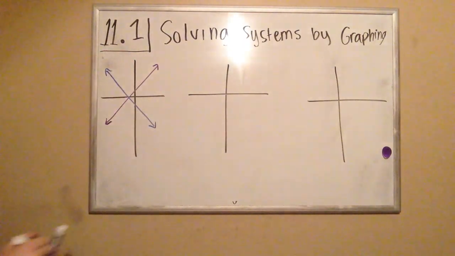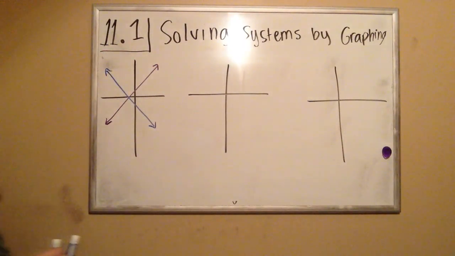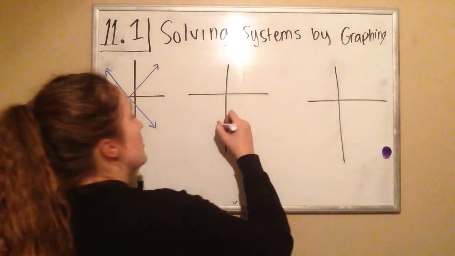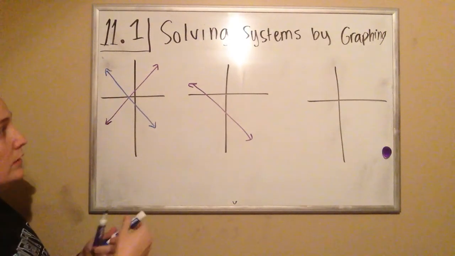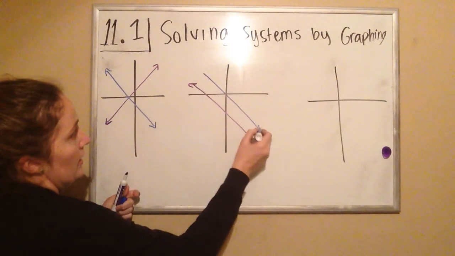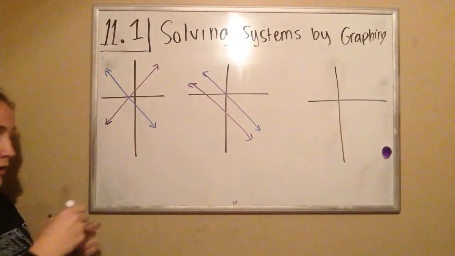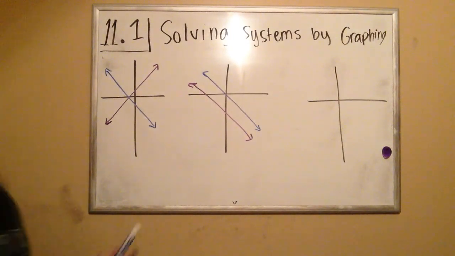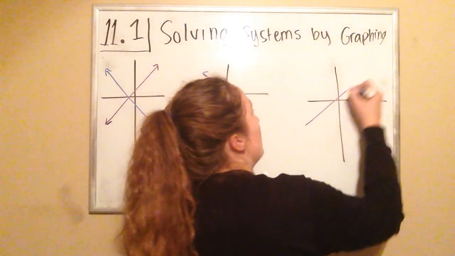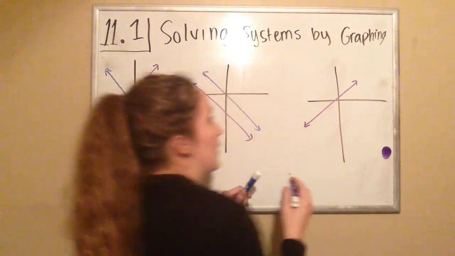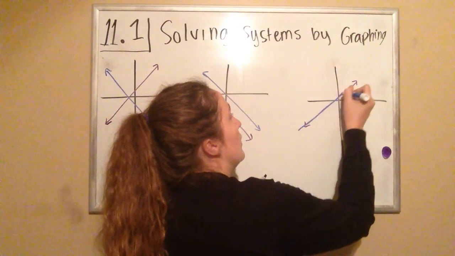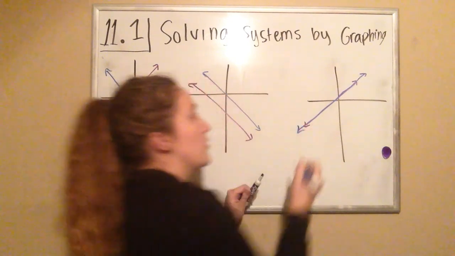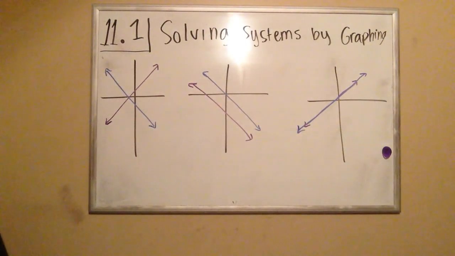And we're going to think about how many solutions those linear equations have. Here I'm also going to have 2 linear equations, thinking about what solutions they have. And here as well, I'm going to have 2 linear equations thinking about what solutions they have.